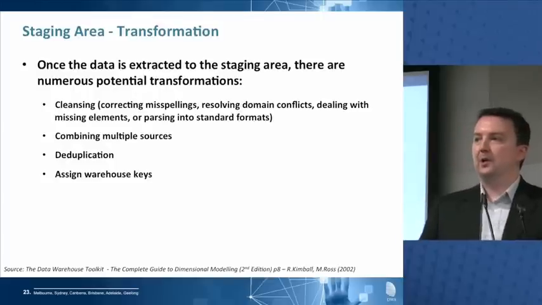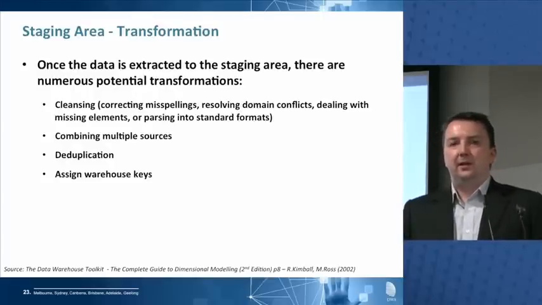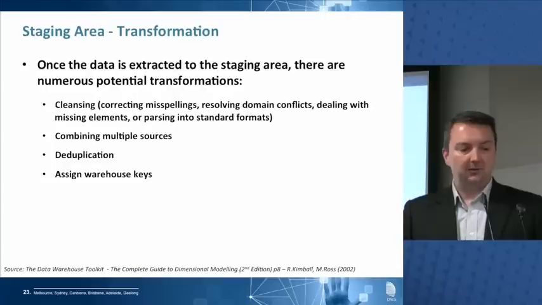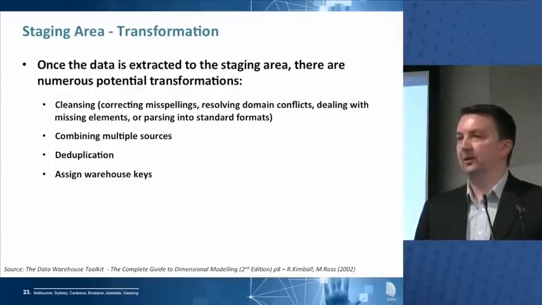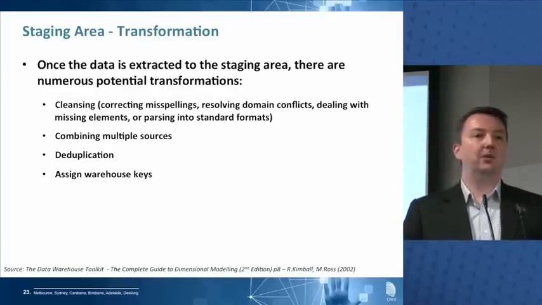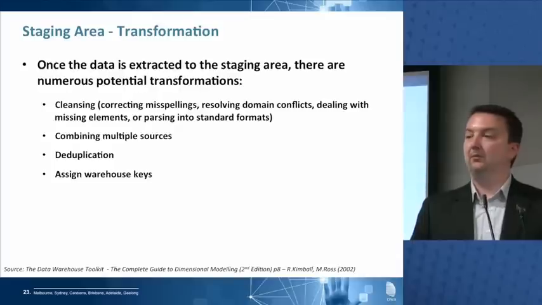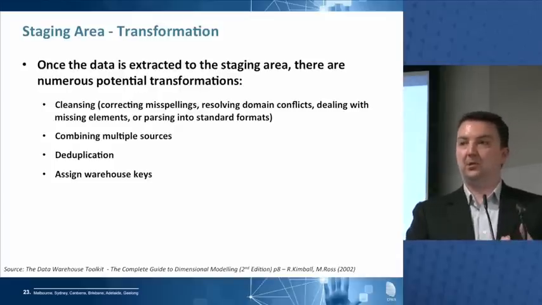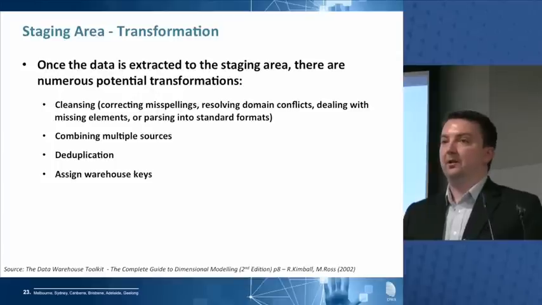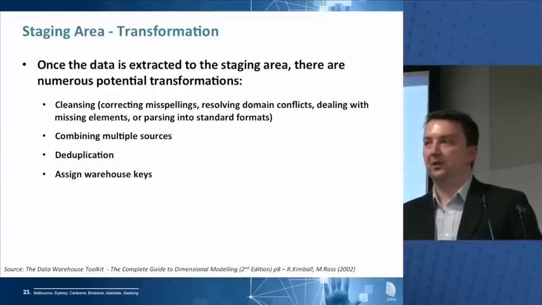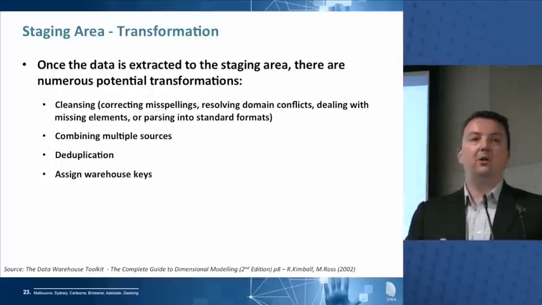Combining multiple sources. The best example of this that I've got is we've got an orders system that's got customer data in it. What sort of customer data might the orders system be interested in? Well, customer name, customer address. That's about it, not much else. What information about the customer might the data warehouse be interested in? Well, they might be interested in a whole lot more stuff.